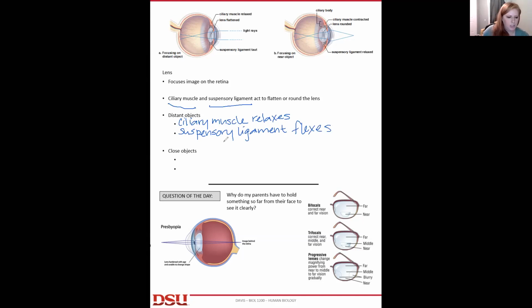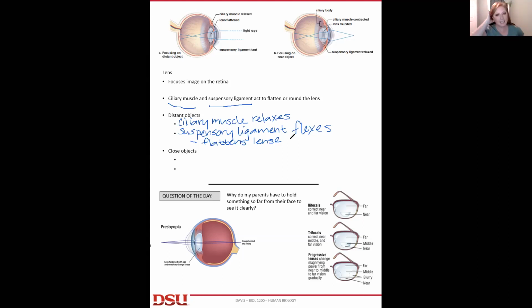And this is what's going to flatten the lens. The ciliary muscle and the suspensory ligament have an inverse relationship. So if one is relaxing, then the other one isn't, and vice versa.